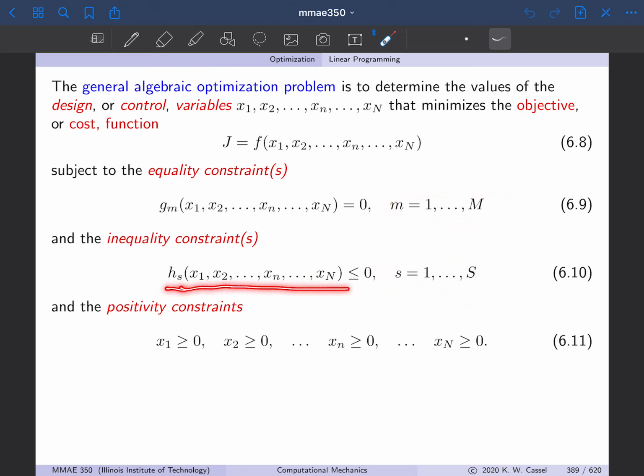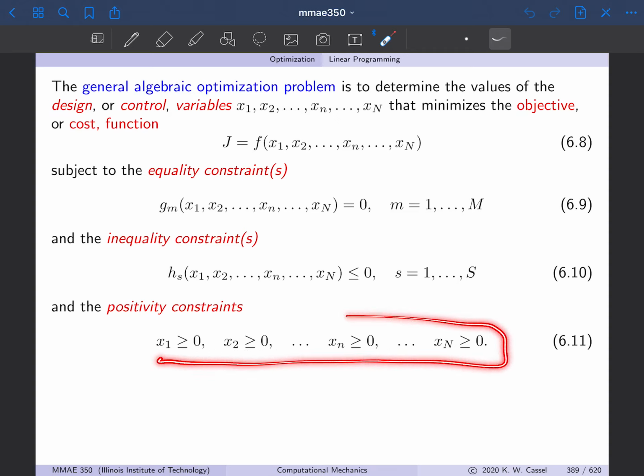So h is a function of all the control variables, but now they are inequalities rather than equality constraints. We will also have positivity constraints, and that just means that all of our design variables have to be positive. Now, obviously, not every problem that we can imagine in terms of optimization will have positive values.